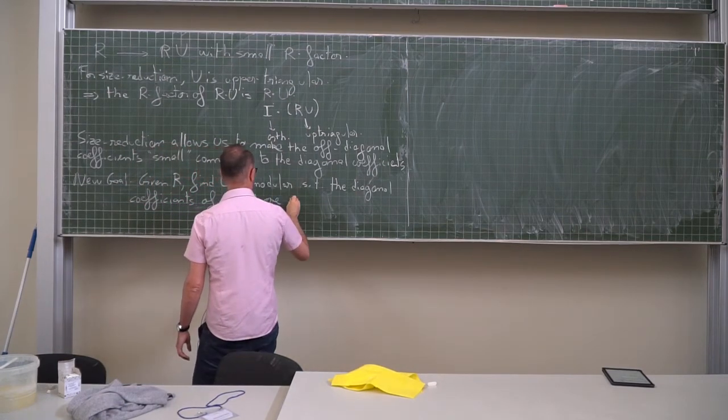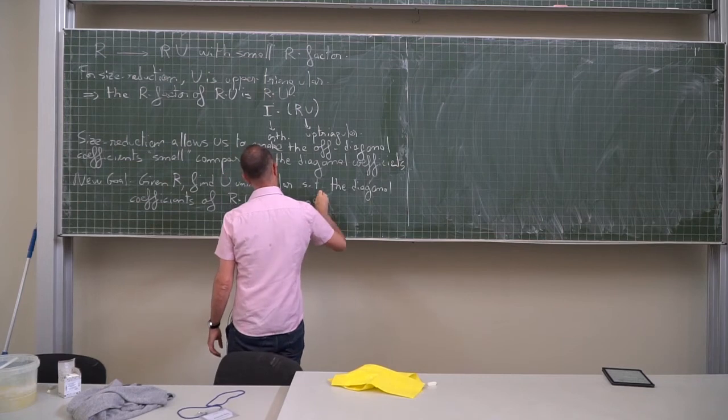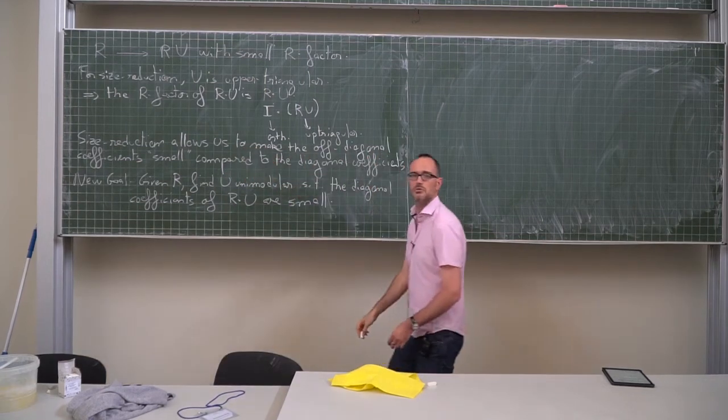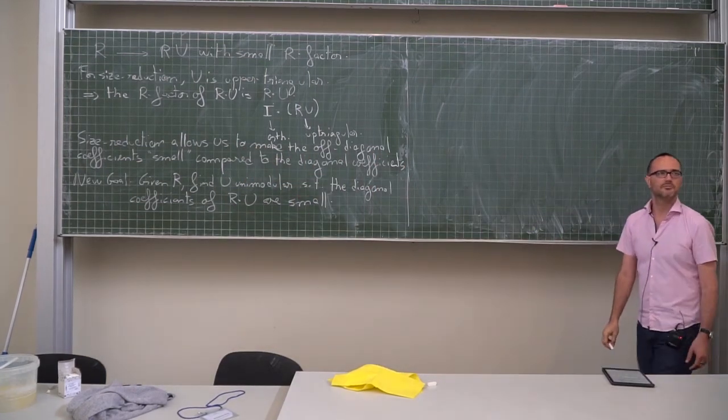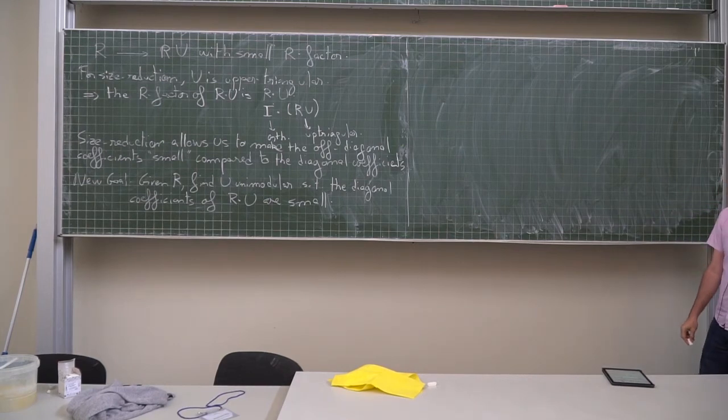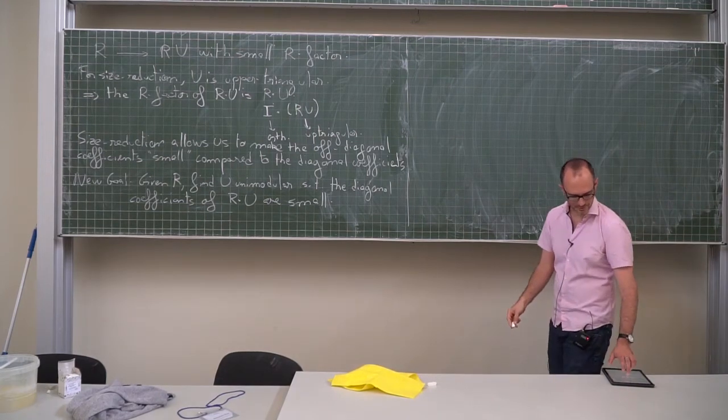Okay, so if I can do that, I'm finished. I'm done. So actually, that's the hard bit, to make the diagonal coefficients small.